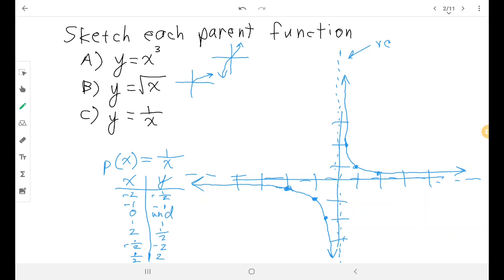This would be a vertical asymptote, and this one would be a horizontal asymptote.